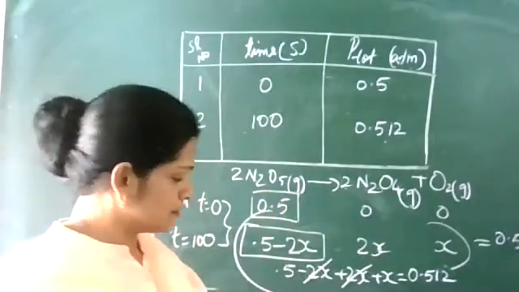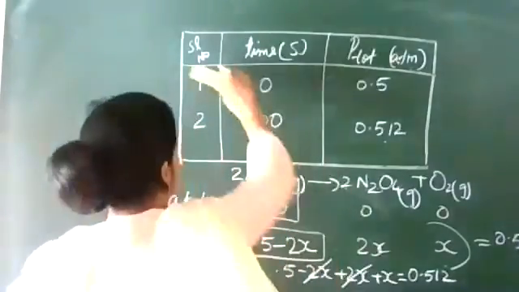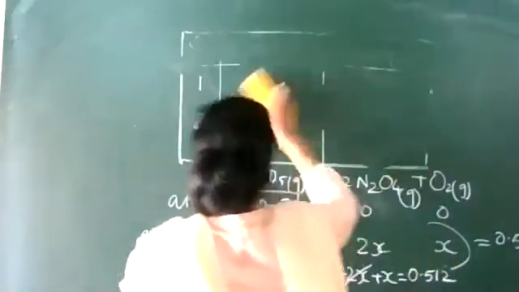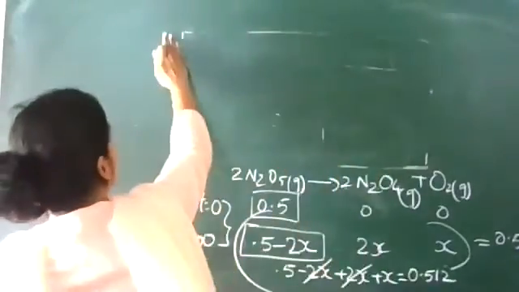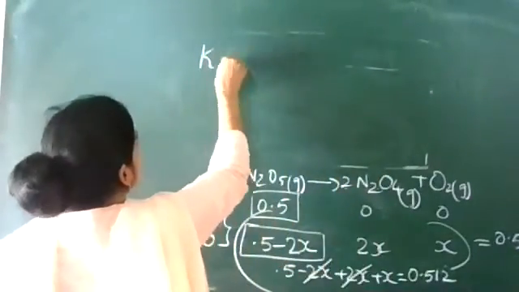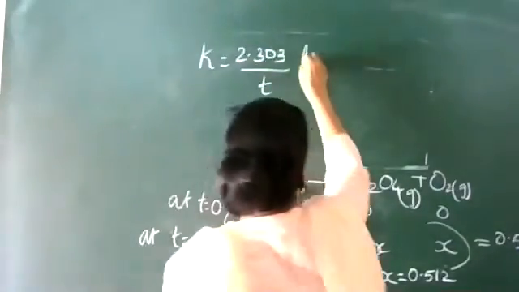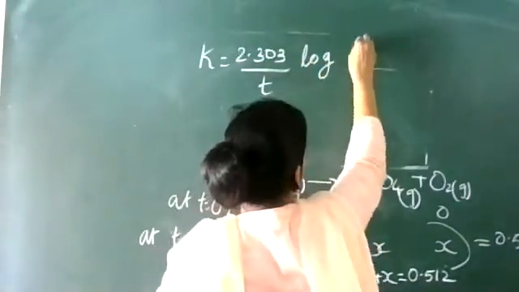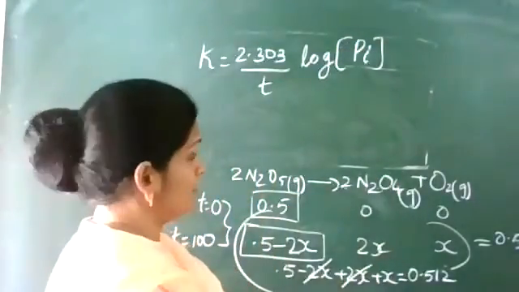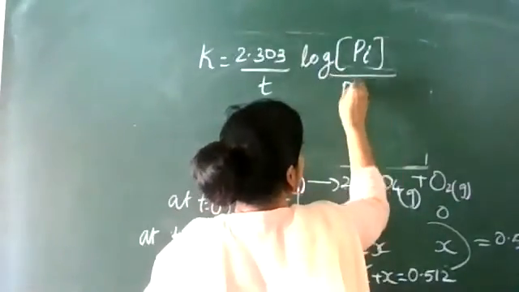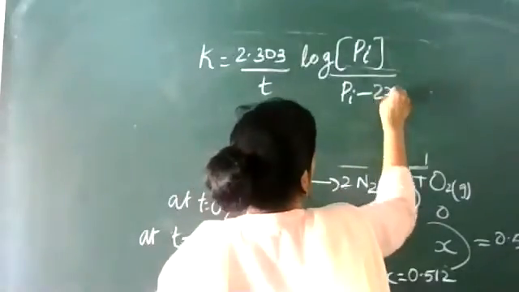So let's write the equation for the rate constant K. Since it is given as first order, I'll write the rate constant like this: K is equal to 2.303 upon 100 seconds, log of initial Pi and finally Pi minus 2x.